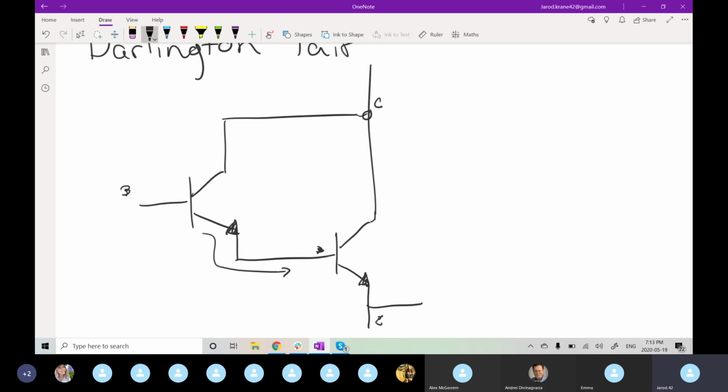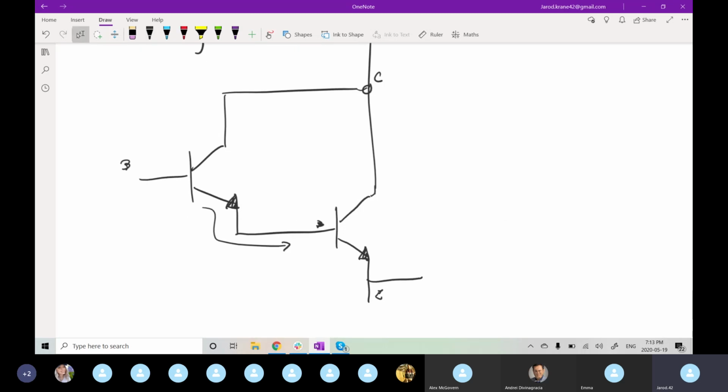With this transistor configuration, what we're able to accomplish is beta multiplication, which again is the current multiplier constant.